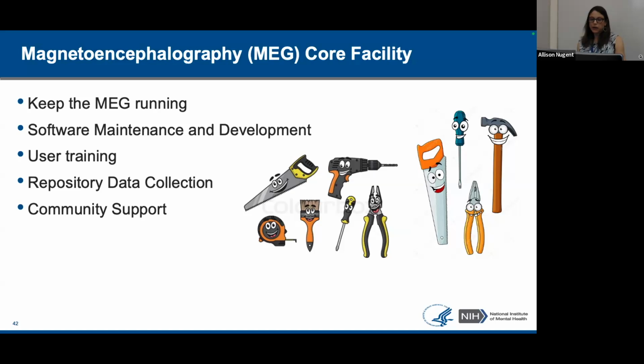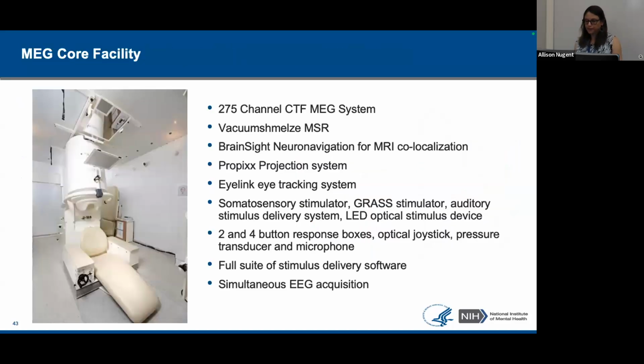We also do data collection for shared data repositories and some MEG community support. A note on training: because MEG is such a rare resource, most of our users come to us with very little or even no experience in MEG, and we're happy to help fill in knowledge gaps if anyone is interested in doing MEG studies here.